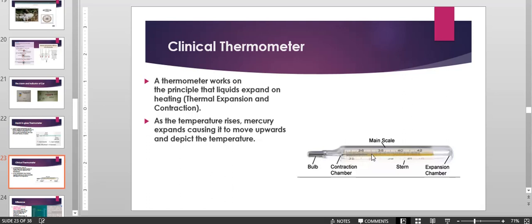Or if the person is infected, or he or she may have a fever, then you can see this mercury moving upwards, indicating that the person is infected.